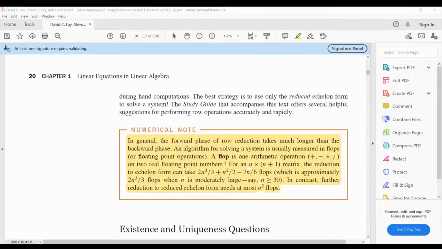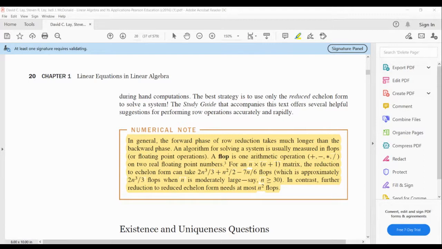This is important because if you have a matrix that's 10,000 by 10,001, you might be curious how many flops are needed, because the number of flops is going to determine the computing time.